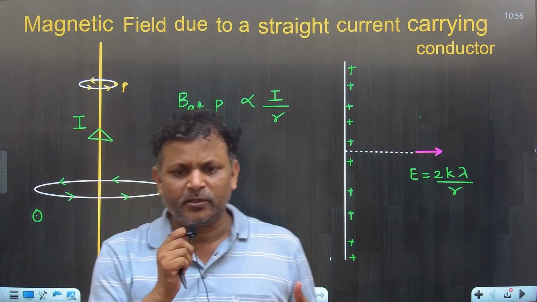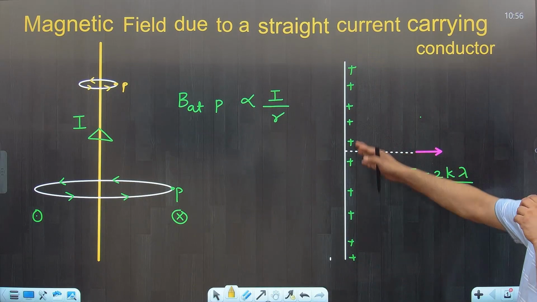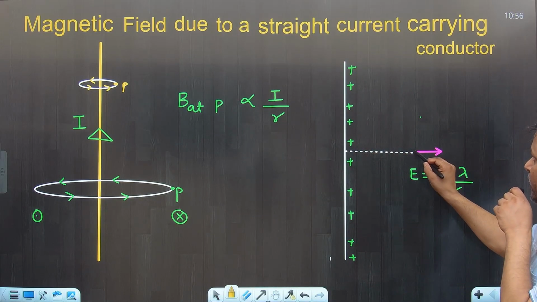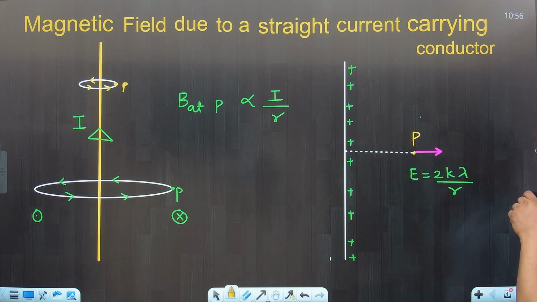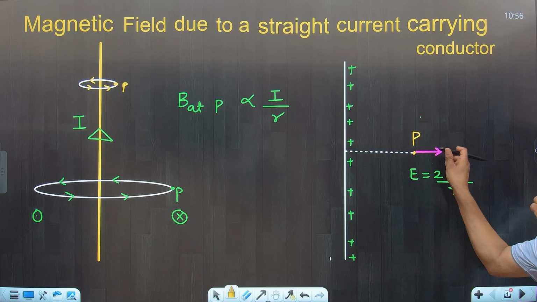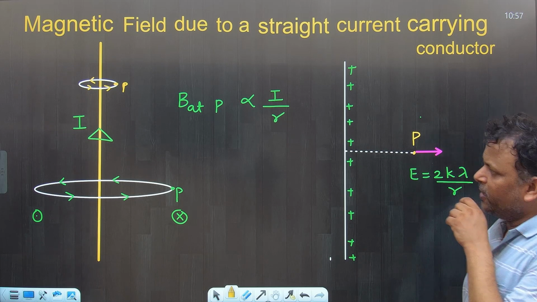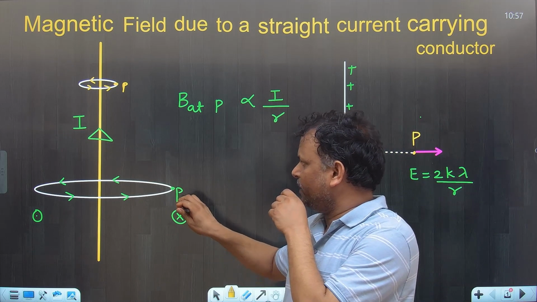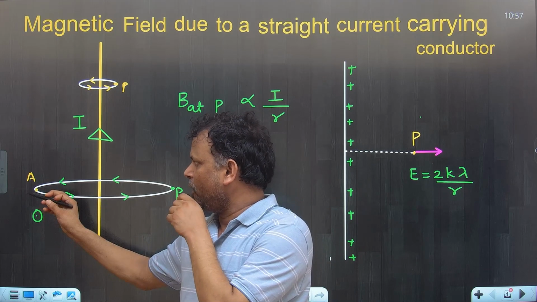You can just remember in electrostatics, when all these charges were at rest, then if you try to find the direction of the electric field at this point P, which was in the vicinity of this wire, it was in this direction, away from the wire, right? And at this point P, it is going into the paper, and at this point A, it is coming out of the paper.